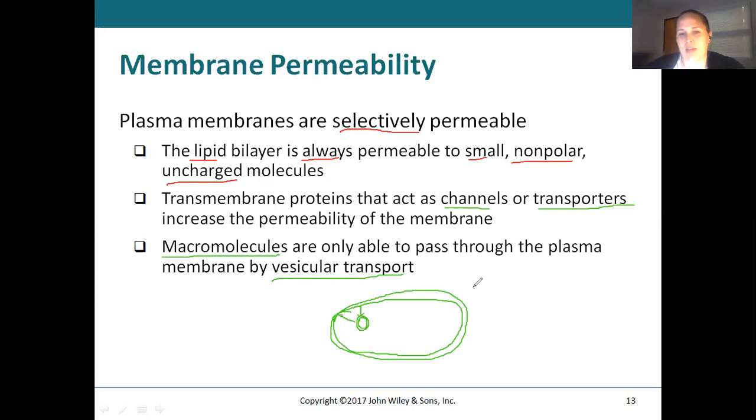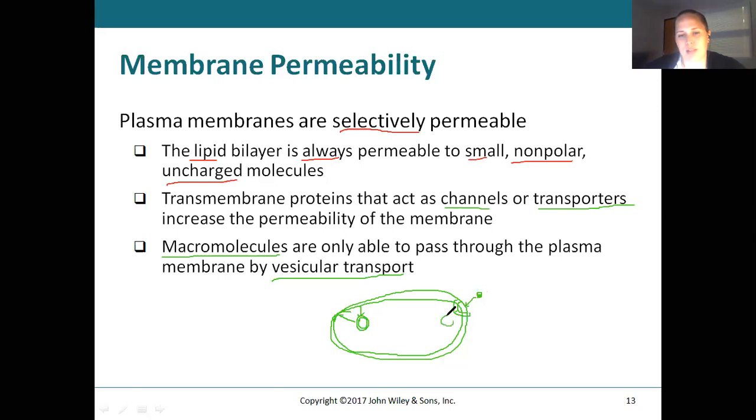So let's say you had a macromolecule that wanted in, it would come and bind to the cell surface, and then that cell surface would start to divot in.